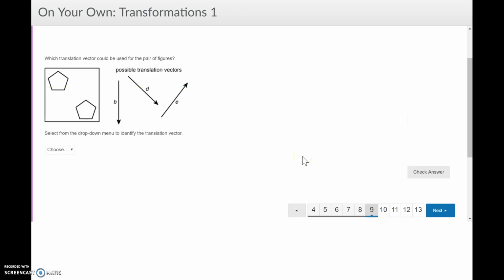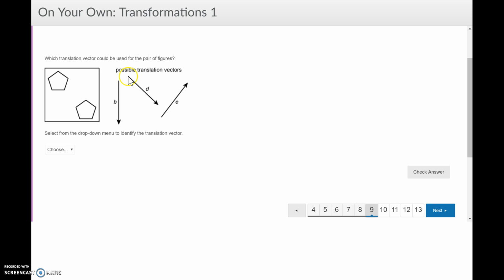All right, which translation vector could be used for the pair of figures? Which way did it slide? This first one is the down vector. If we slide this one down, it's not going to lay on top of this other pentagon.